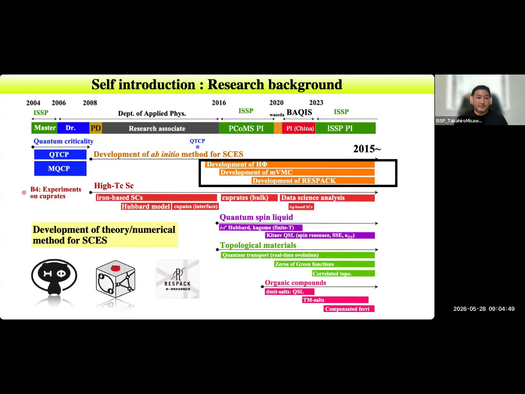This is a self-introduction. In 2004, I became a master student at ISSP, the Institute for Solid State Physics. My main research field is strongly correlated electron systems. After getting a PhD, I started to develop efficient methods for treating strongly correlated electron systems.